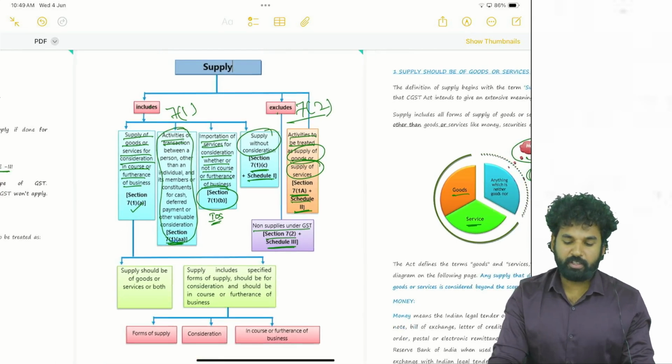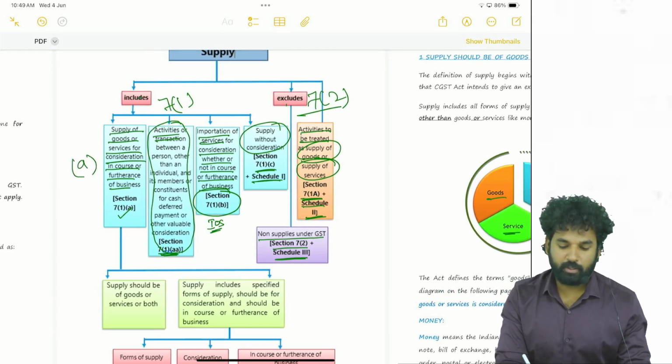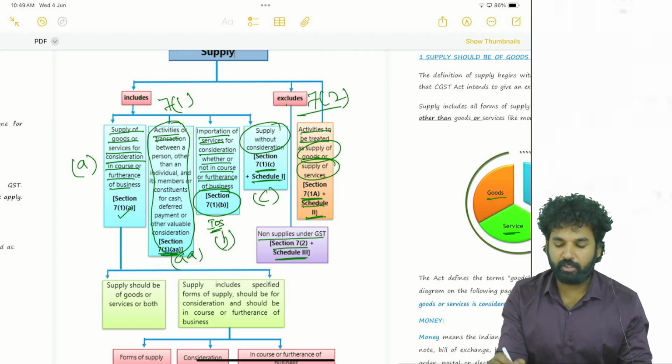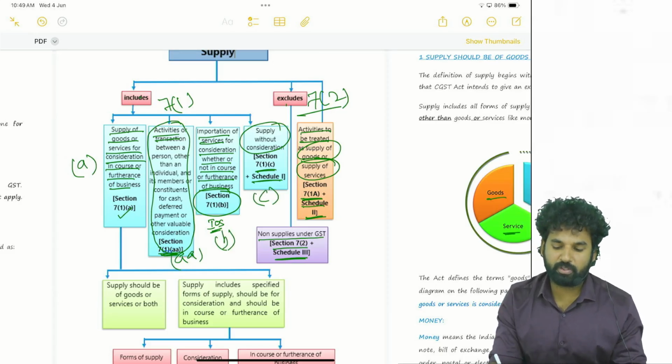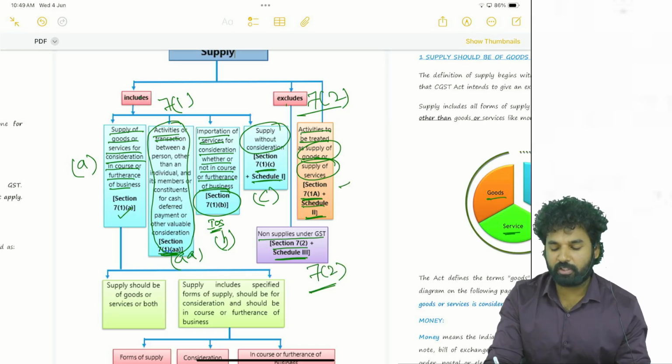Okay, right. In 7 subsection 1, we have 4 clauses: A, AA, B, and C. Supply excludes 7 subsection 2, correct? We have another section also, 7 subsection 1A.